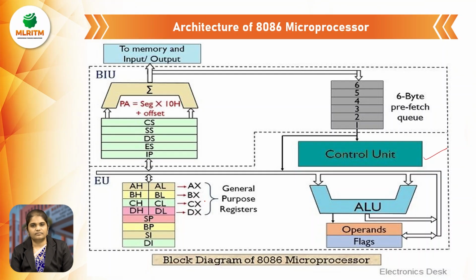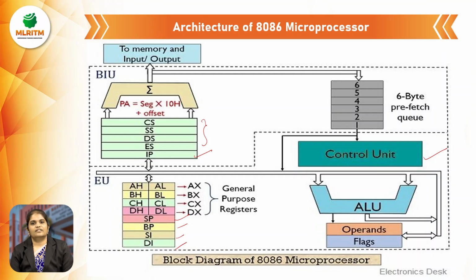We have 14 registers here. We have registers for saving the segment addresses, and registers for saving the offset addresses. These are two kinds of registers used absolutely for saving addresses: one for saving the segment address, the second for saving the offset address.